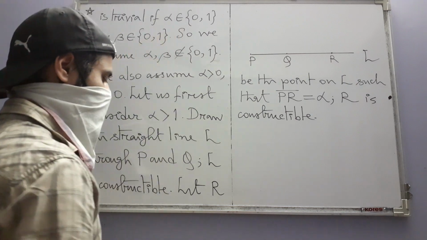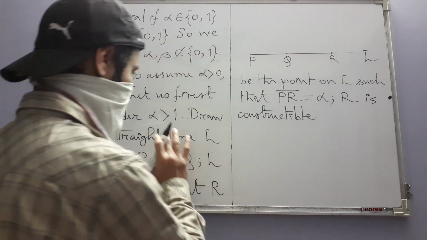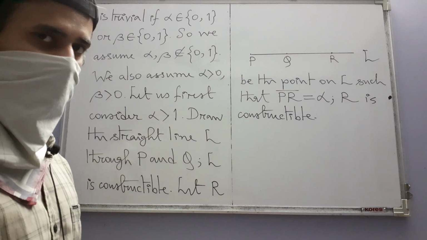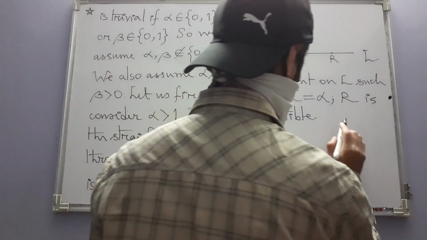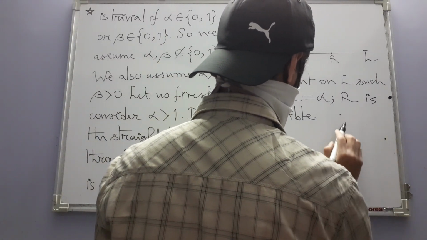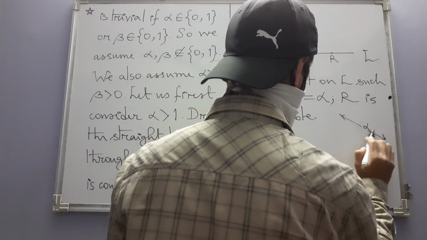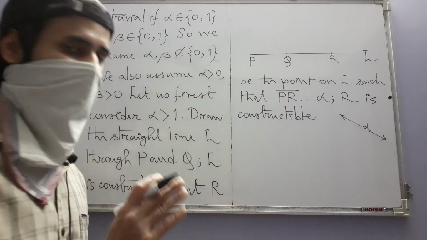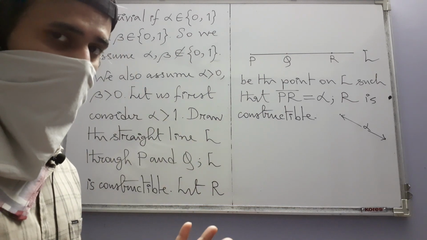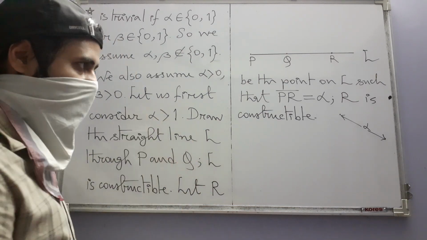Well, let's see. It is given that alpha is constructible. Okay, so that means there exist some 2 points in the plane such that the distance between them is alpha, and in this case it is actually alpha because alpha is a positive real number. In fact, alpha is greater than 1.